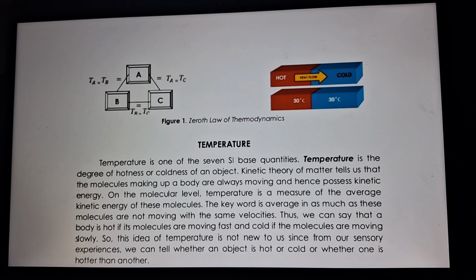This idea of temperature is not new to us, since from our sensory experience we can tell whether an object is hot or cold. Like water, if you touch the cup, you can feel whether it's hot or cold.